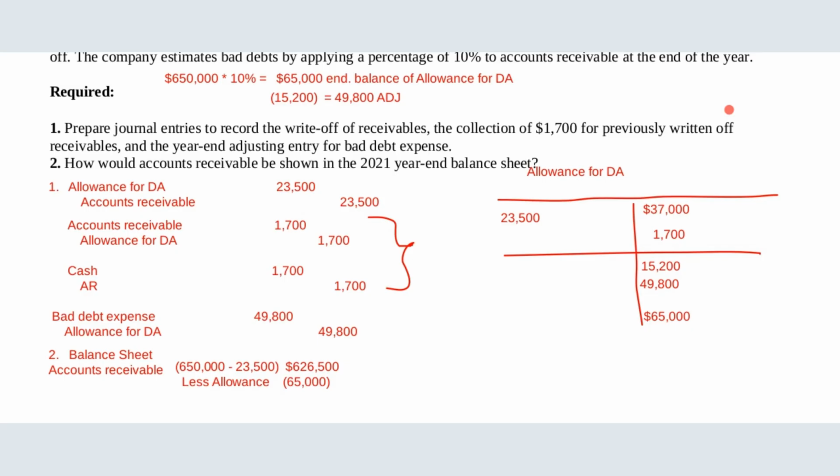Minus 65, and then we did that journal entry. Okay, I'm getting $561,500.